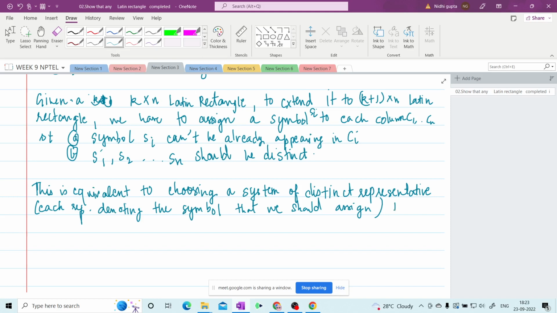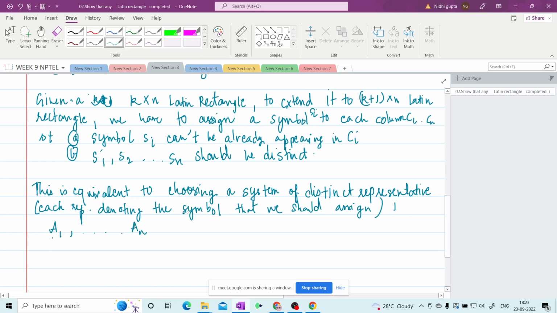So each distinct representative is giving us a symbol for a column. We are choosing a system of distinct representatives from A1 till An.